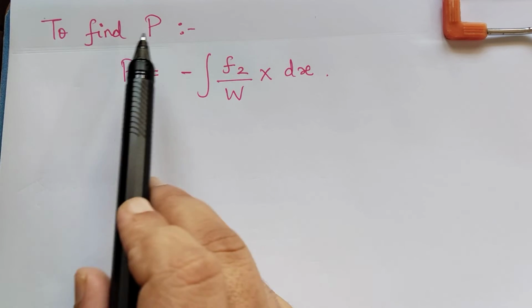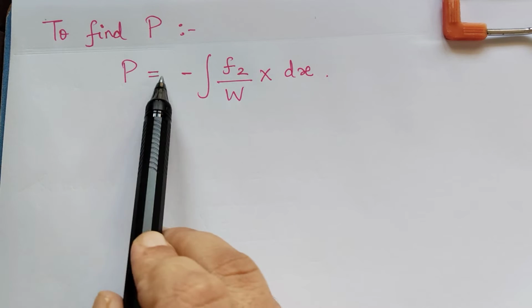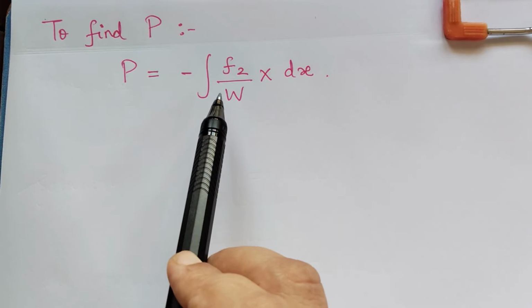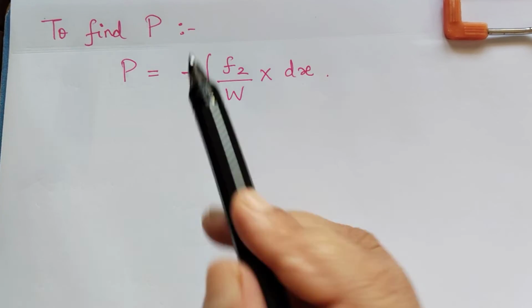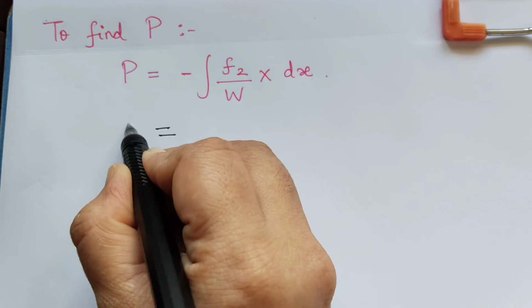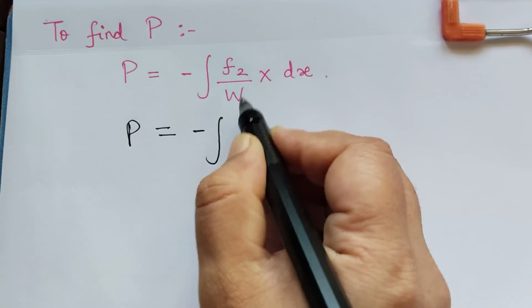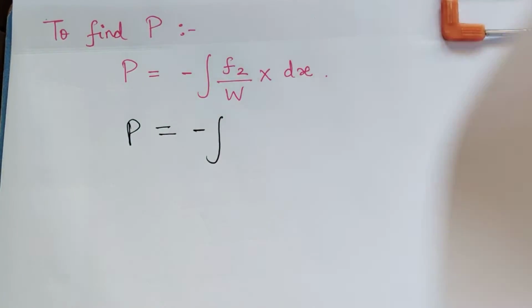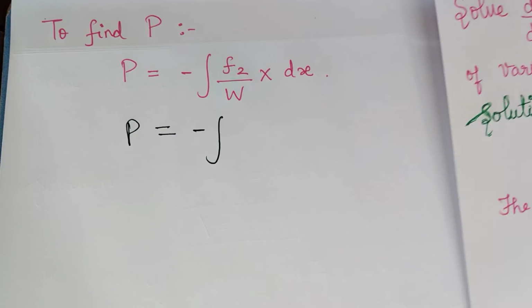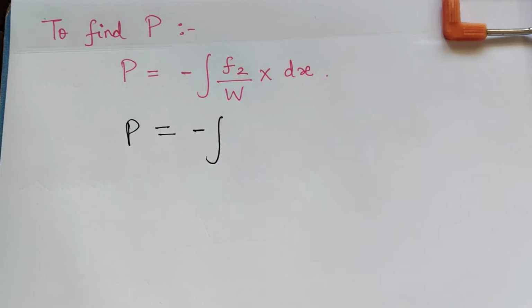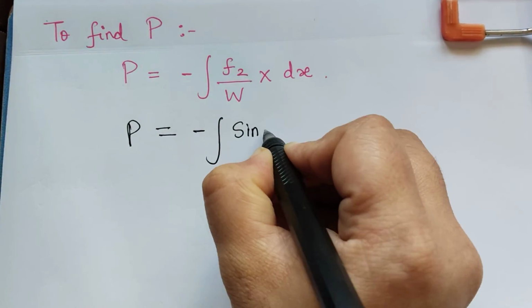First we shall find P, for which the value of P is equal to minus integral f2 by W times capital X dx. So we shall substitute one by one in this. So P will be equal to minus integral, what is f2? From our problem we see that f2 is equal to sin x. So let us substitute that. So it is sin x.